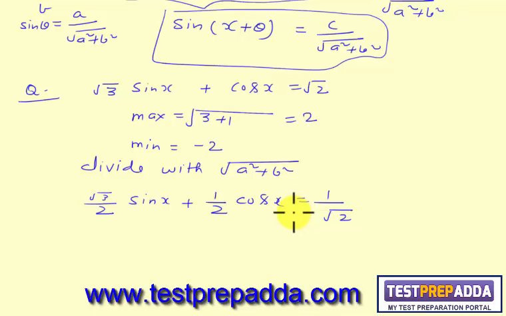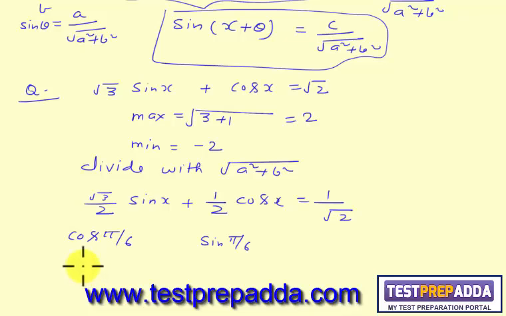Root 2 by 2 becomes 1 by root 2. Now root 3 by 2 is the value of cos 30 degree. 30 degree means pi by 6. And 1 by 2 is the value of sin 30 degree, okay, sin pi by 6.